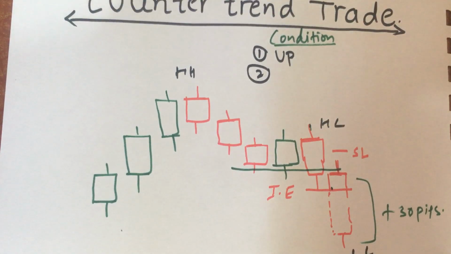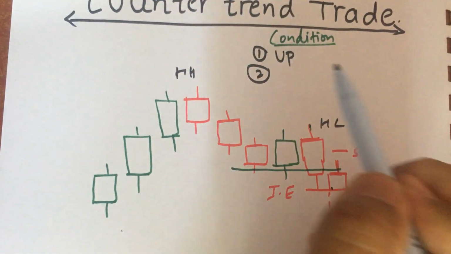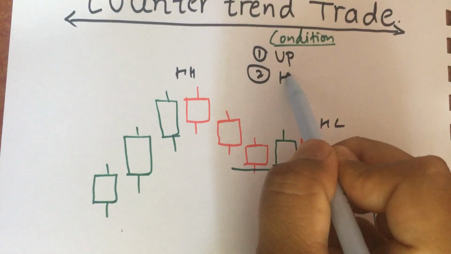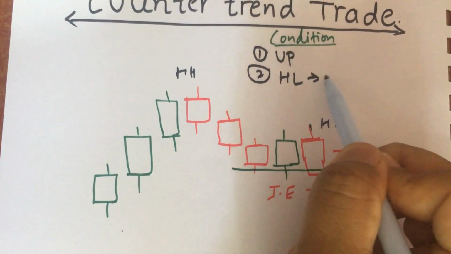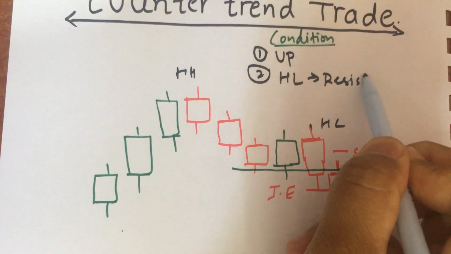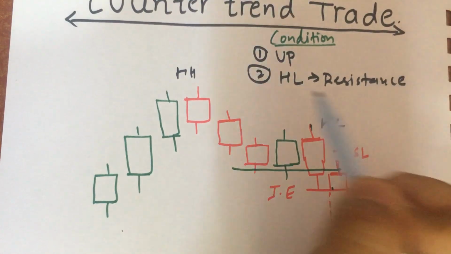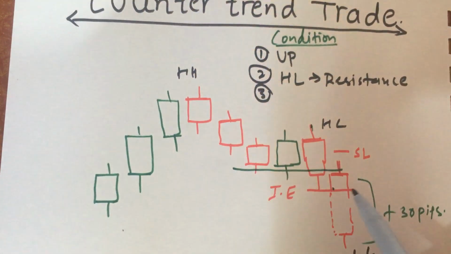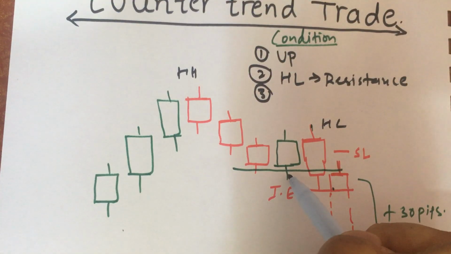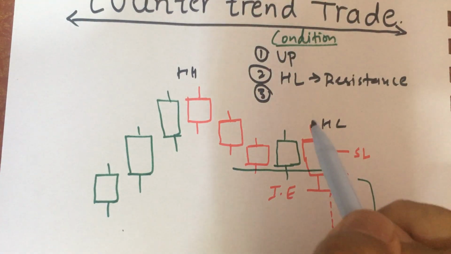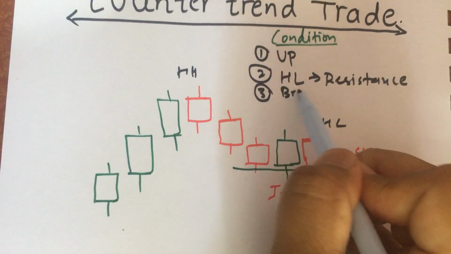That's why we need to have a good mindset while doing trade on a counter trend. So the second thing that you need to see is you need to find a higher low, like a resistance formed. All right. So this is the second requirement. The third is the candle should break and close below this support, meaning break and close. All right.